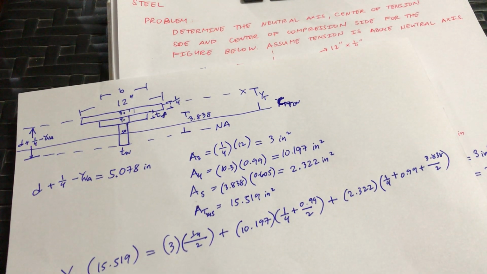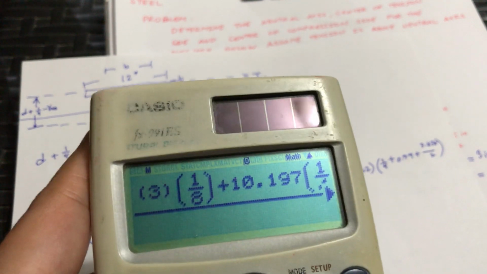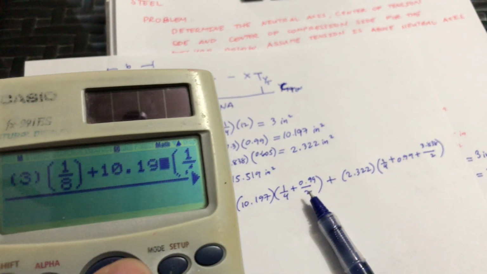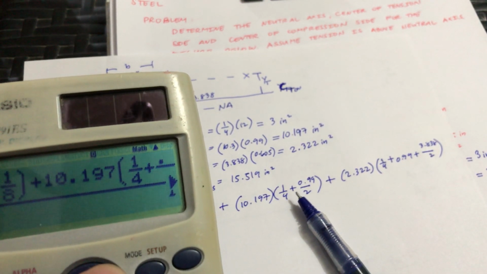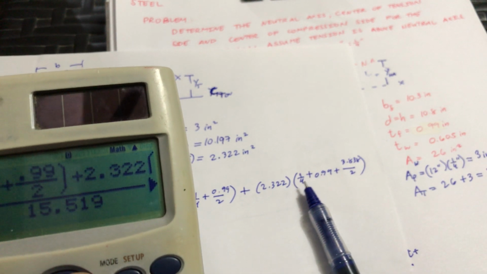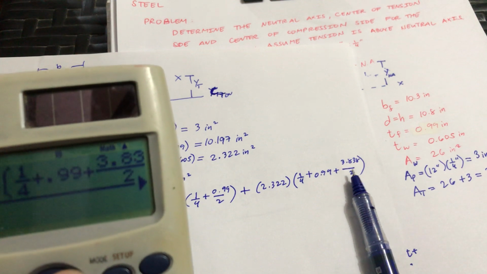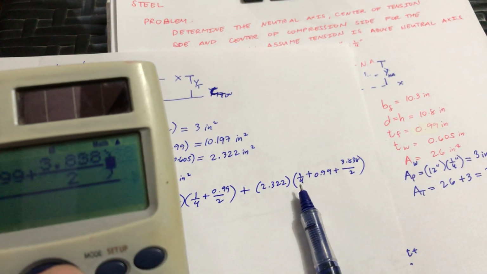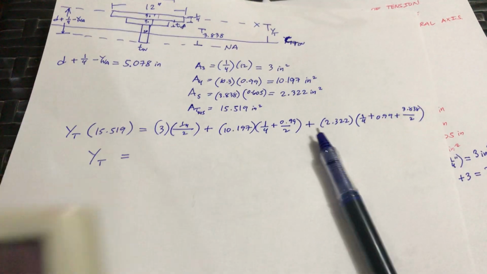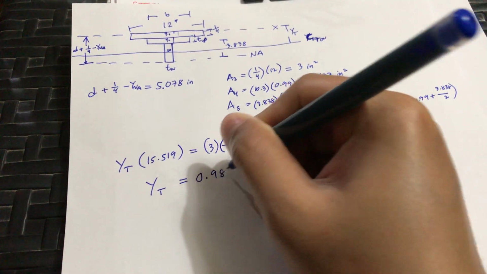And then the quantity all over 15.519. We cross multiply. So the answer is 0.986 inches.